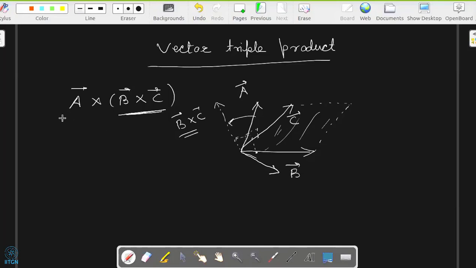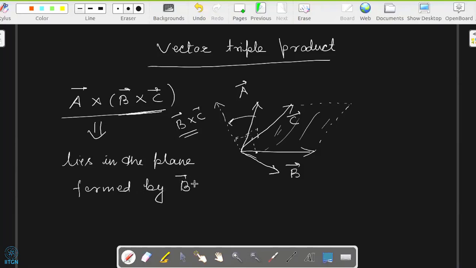So the final product should lie in the plane formed by B and C, and must be perpendicular to vector A.